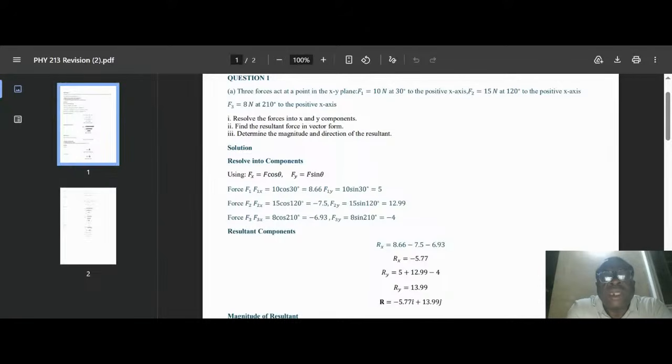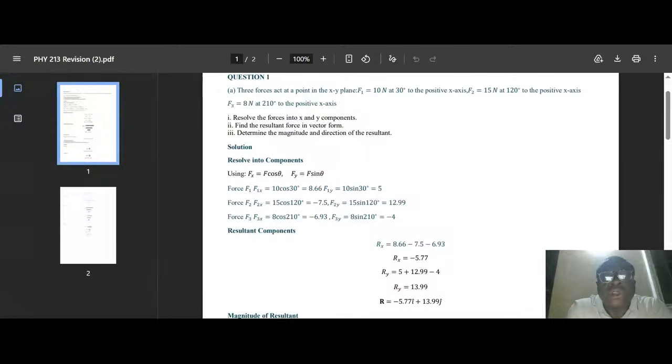F3, 8 Newton at 210 degrees to the positive x-axis. First question is resolve the forces into x and y components. 2, find the resultant force in the vector form. 3, determine the magnitude and direction of the resultant.